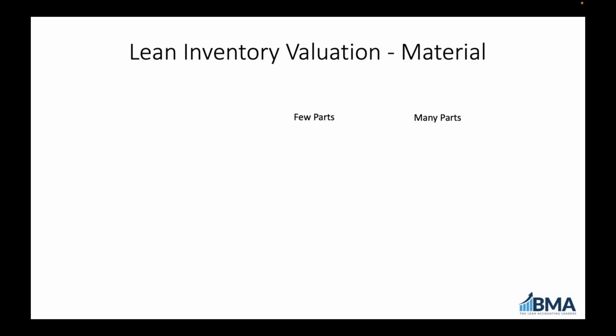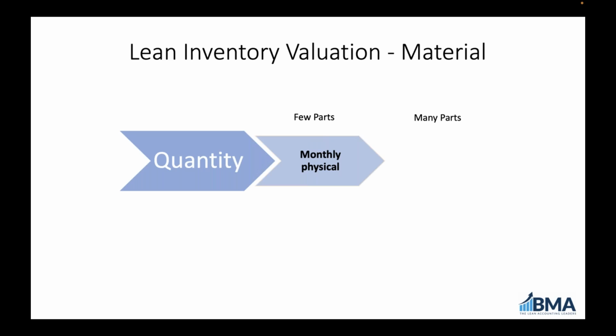Quantity times price, that's it. So think about this, if you're thinking about your company: do you have few raw materials or many raw materials? Because really we're concerned with the raw material cost here, which will eventually get transferred into finished goods.